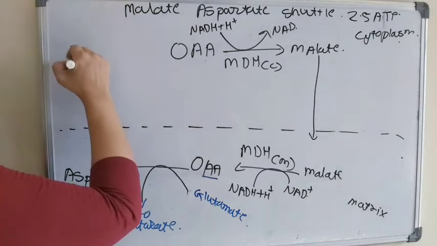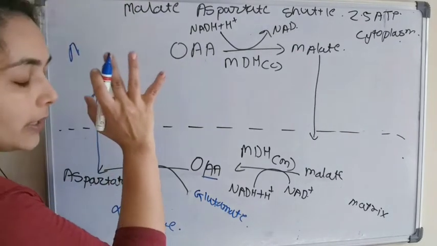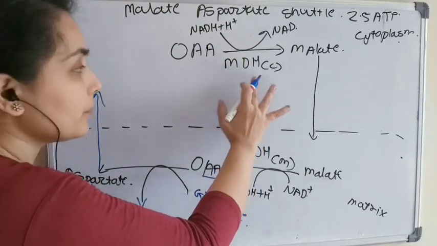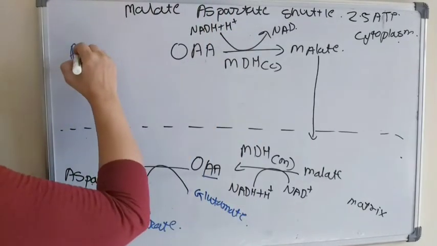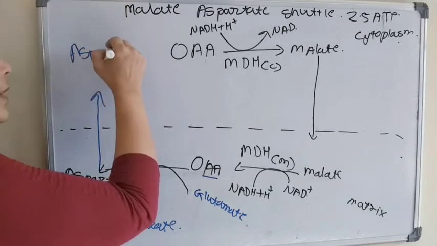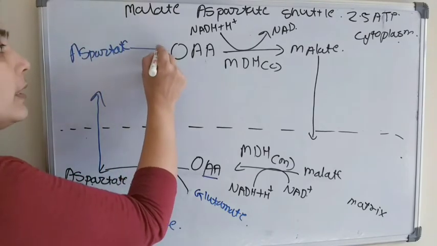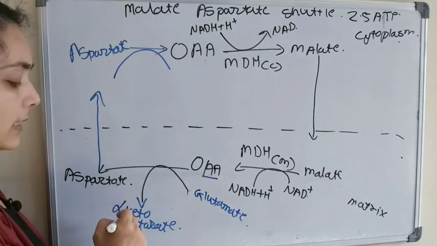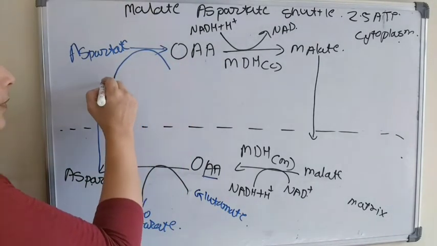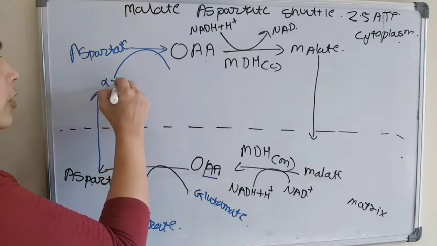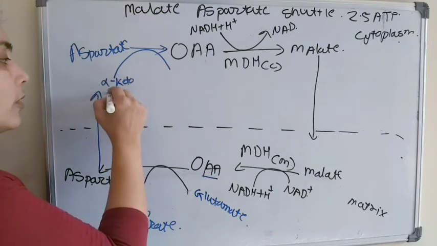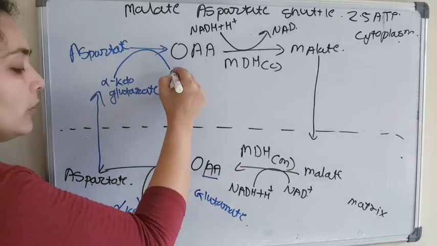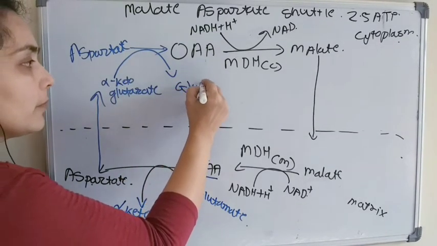Here, it comes out of mitochondria into the cell cytoplasm, and again in the cell cytoplasm, aspartate will convert to oxaloacetic acid again with transamination, where alpha ketoglutarate will convert into glutamate.